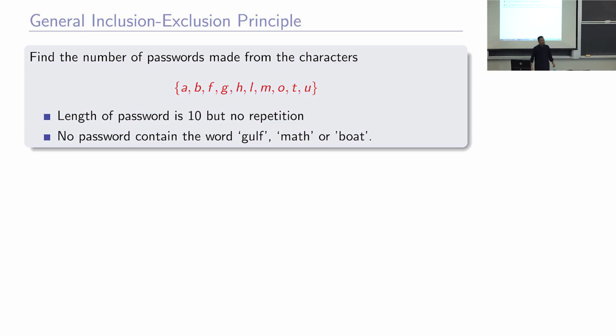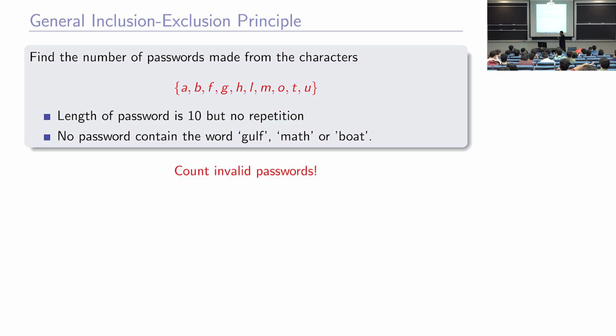That's now easy, but there is an easier way to do this. Please understand this. Let's count the passwords that contain the word gulf. The way to do it is to treat gulf as one block, one meta character, a super character. Let's call it capital X, which stands for gulf.